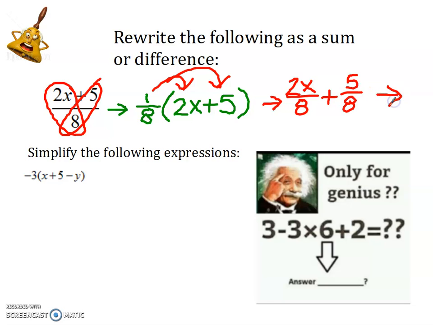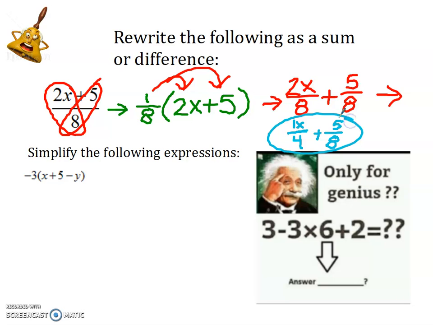Which we can do a little bit more simplifying because we should notice that 2 divided by 8 is going to simplify to 1/4, my mistake, not over 8, over 4, because 2/8 will simplify to 1/4 if we divide each of them by 2. So 1x over 4 plus 5 over 8.